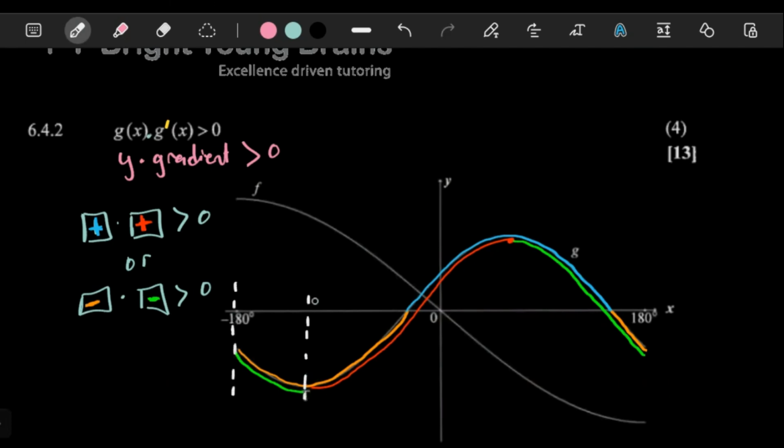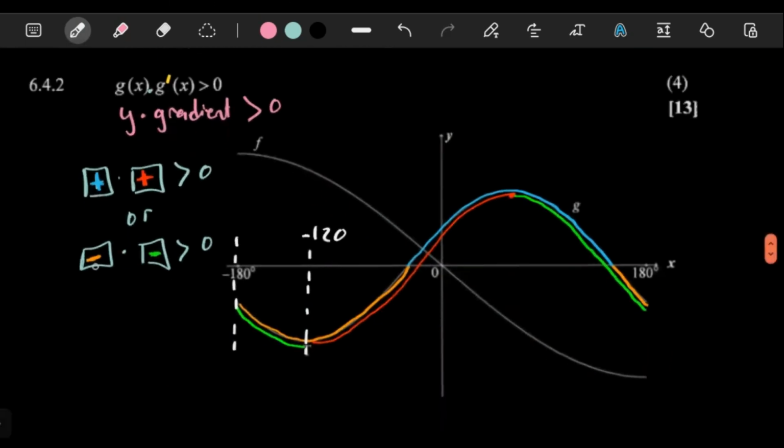This x value, we know it's negative 120. We worked it out. So this is going to be the first portion of our answer, because these would be negative y values multiplied by a negative gradient. So this will be an expression that is bigger than 0.